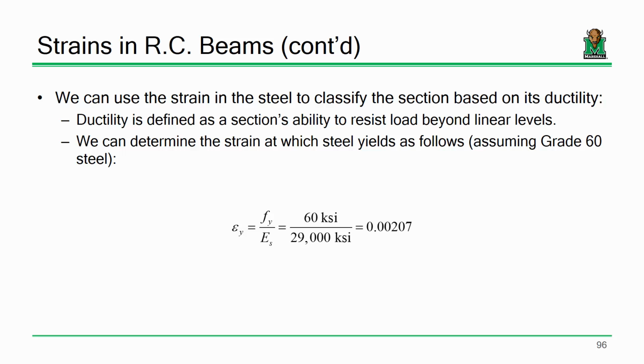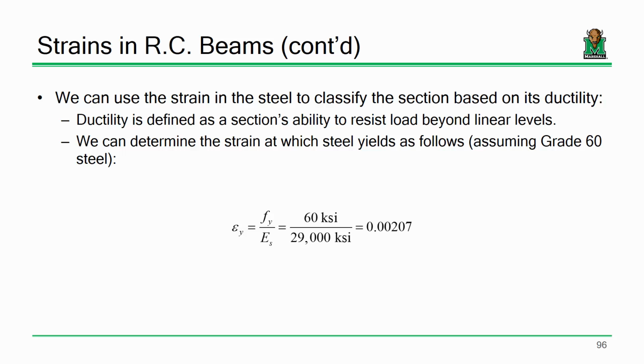Granted, all the way out here it'll start to go out, and you'll have that strain hardening effect, but we're not really dealing with strains in the bending region that are that high. So from an analysis standpoint we say it's either elastic or it has experienced yielding.